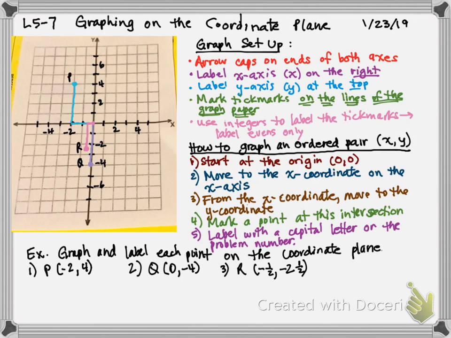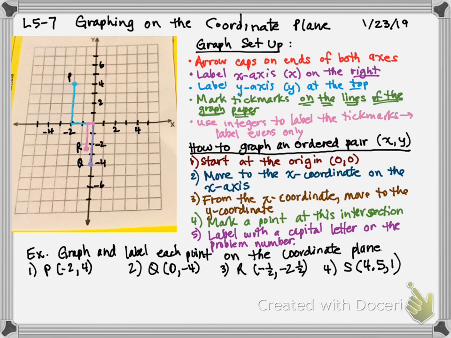Okay? So again, I don't need to see the aqua, pink, or purple lines. I just need to see the point, the dot, and I need to see it labeled. Okay? So last one, and then we're done with our notes for today. Point S, and that's going to be at (4.5, 1). Okay.